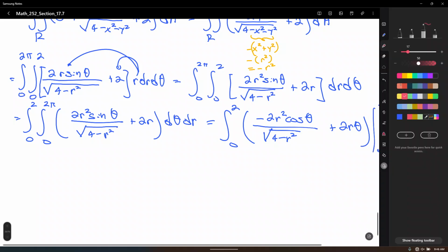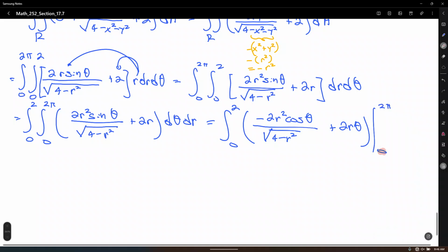And again, these limits of integration are only for the variable theta. I don't think at this point I have to do this highlight. You guys know how this works, but just in case, there's a lot going on here. Don't forget the dr, not the theta. dr. Upper limit minus lower limit.